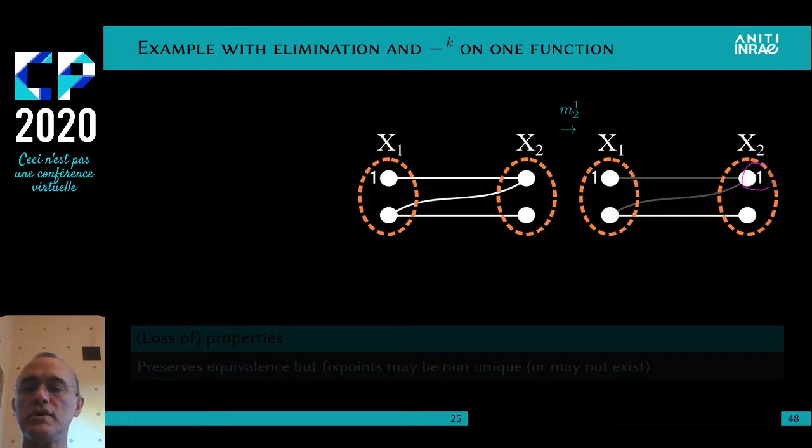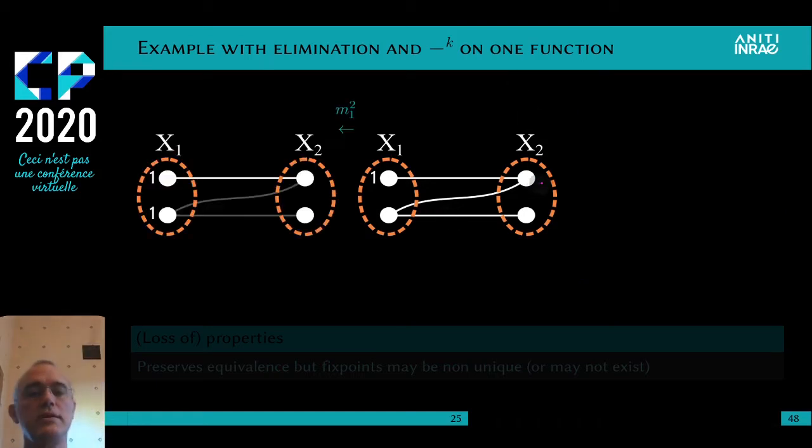So the cost has increased to 1 by adding the message, and these two edges have disappeared because we subtracted this cost. Obviously, if you swap plus and min, you go the other way around and you go back to this problem, and you can now decide to eliminate x2 instead and add to x1. And you get this problem. We have added a 1 here because this is our new message, and we have removed these two edges because we have subtracted. And of course, again, we can swap and go back to the center problem.